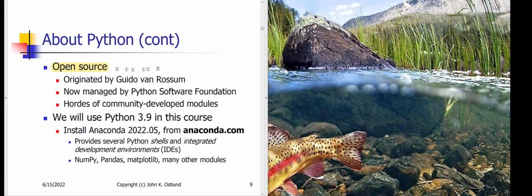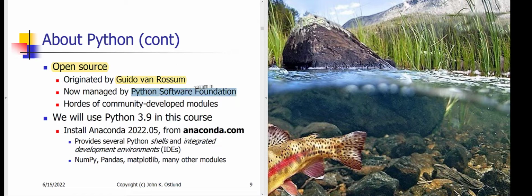Python is an open source project, meaning it's free to use for personal use or academic use or what have you. It was originated by a fellow named Guido van Rossum, who was the driving force behind Python for many years.